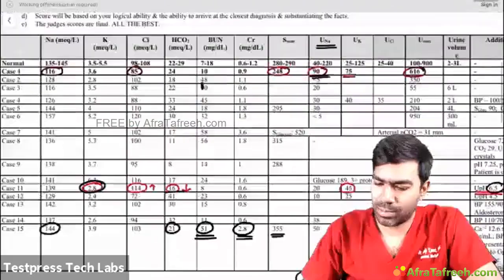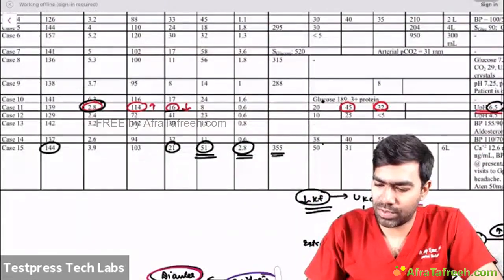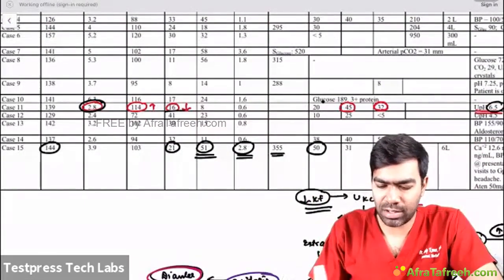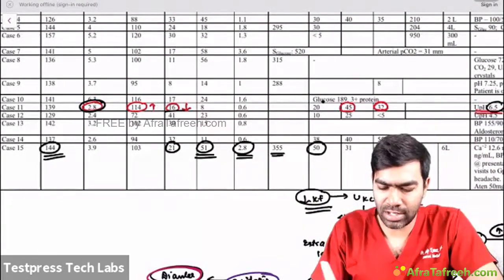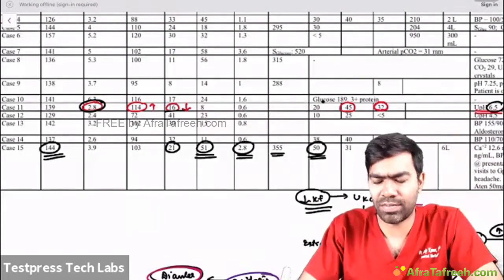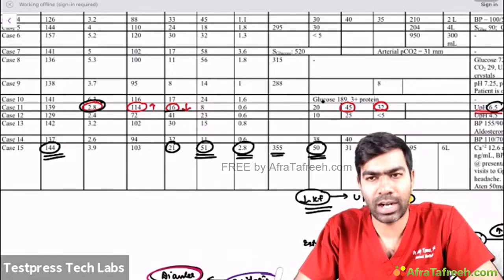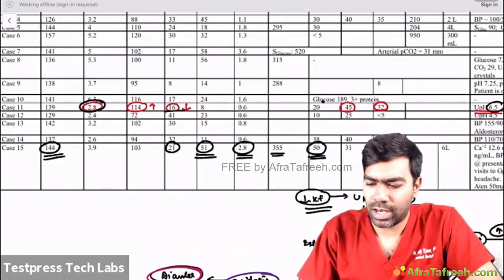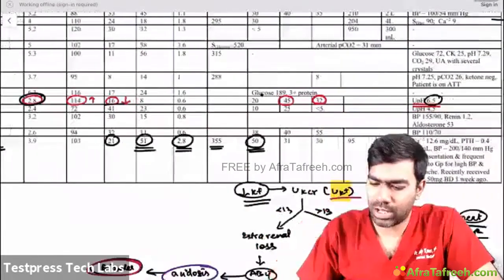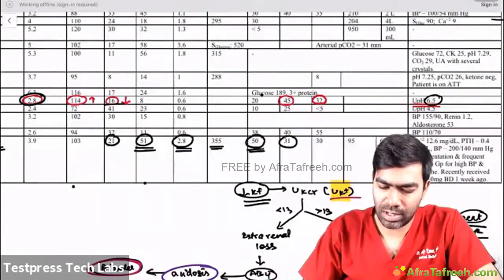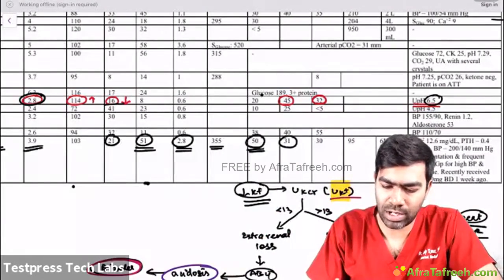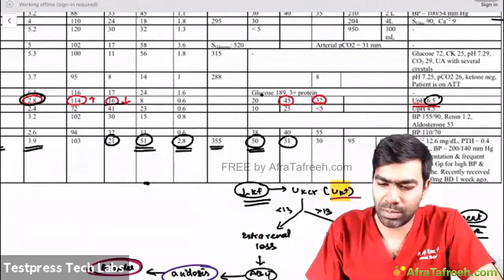And more than 300. Urine sodium is 50, a little elevated. But in the context of hypernatremia, 50 might be okay according to me. And again, it's relative only. And I'm having a urinary potassium of 31. In the context of normal urinary potassium, that 31 may be acceptable.